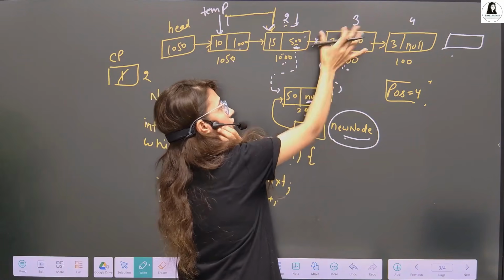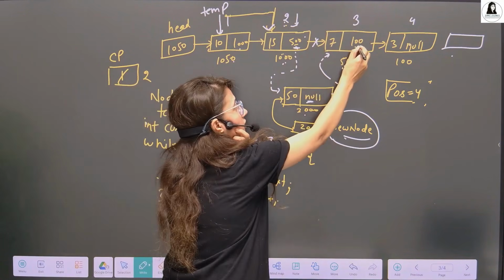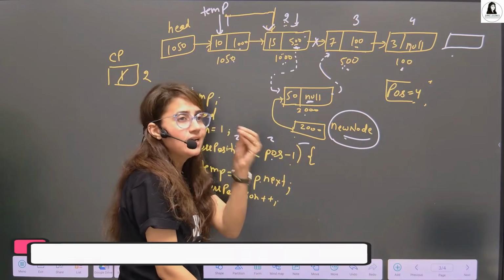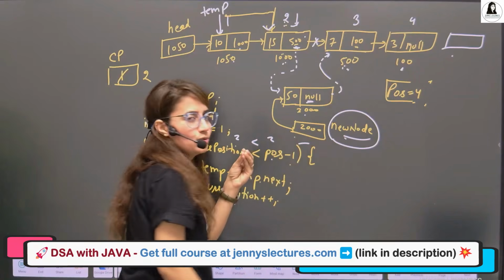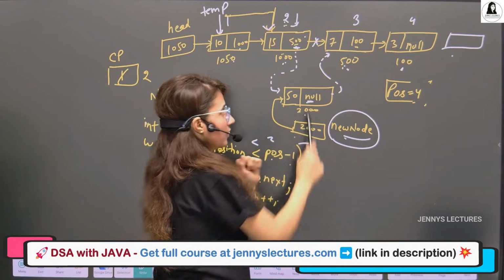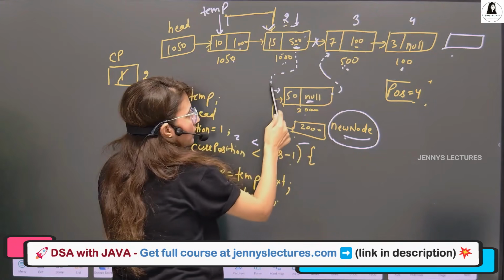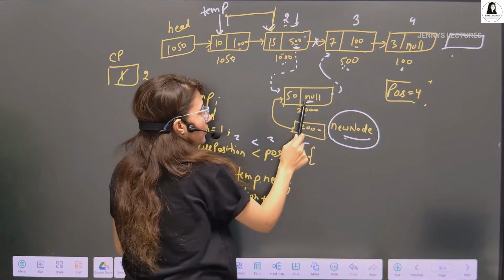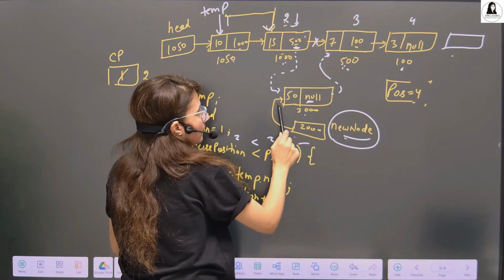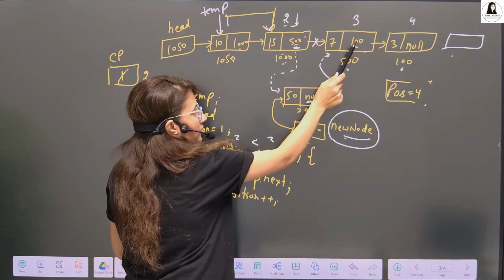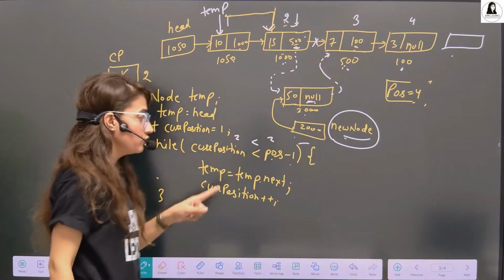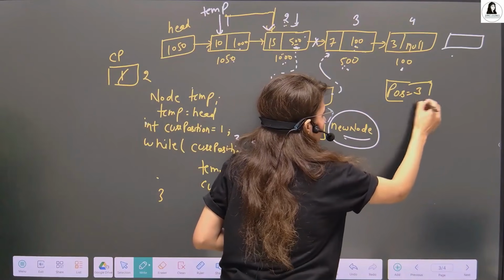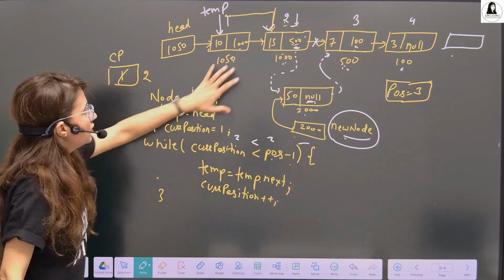So then you have to reach till 3 because I want to access this 100, the address of this node which is at position 4, because I want to change it to this and then this. So this 100 should be here. To access this 100, we need to reach till here. That's why position minus 1. Let's change it, we keep position 3 itself. That's it. Now we reach till here.